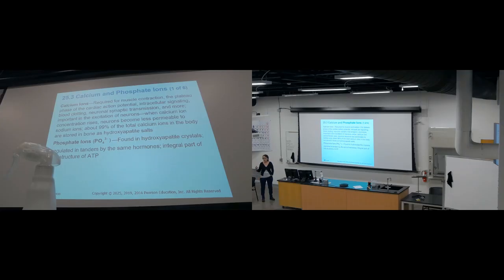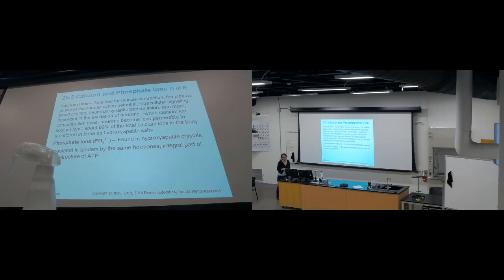So when you have calcium entering into your axon terminals, you can release these neurotransmitters into the synaptic cleft. As well, it participates in blood clotting. No calcium available, you don't have formation of blood clots. Something else that happens when your concentration of calcium ions increases is that your neurons become less permeable to sodium.